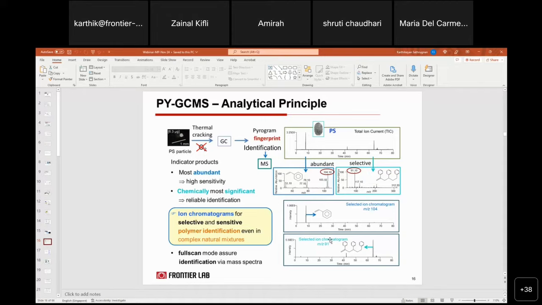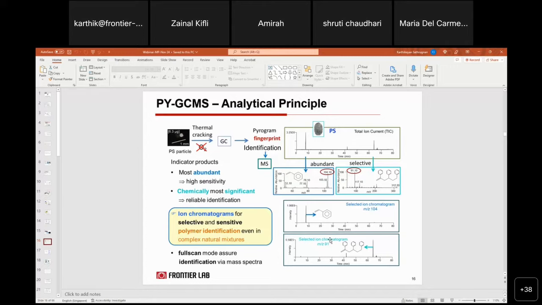When you do the pyrolysis GCMS of polystyrene, you generally see three peaks: styrene, the styrene dimer, and the styrene trimer, and they all have mass spectra with biomarker ions. These ions can be used for identification and quantification purposes. So this is basically the approach in pyrolysis GCMS.